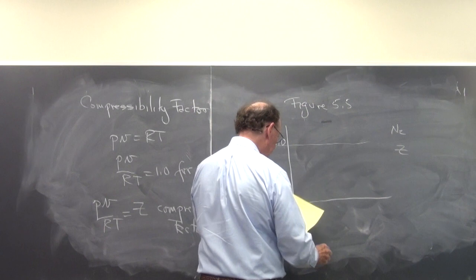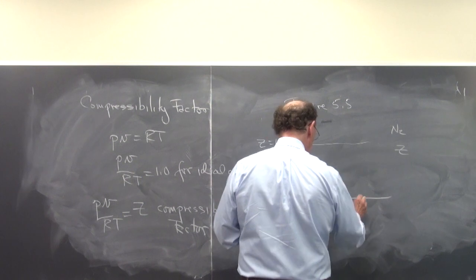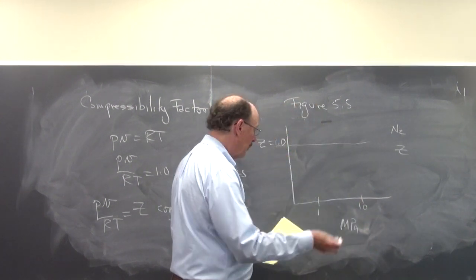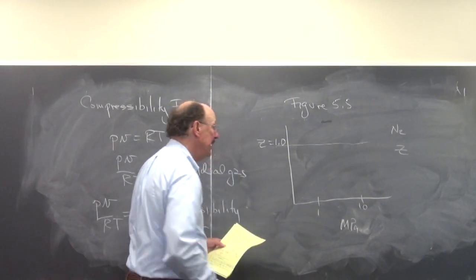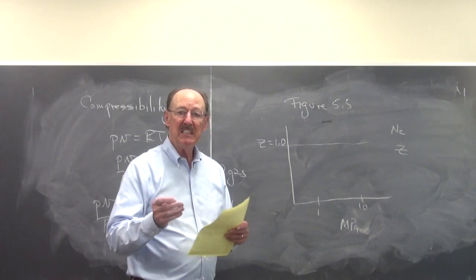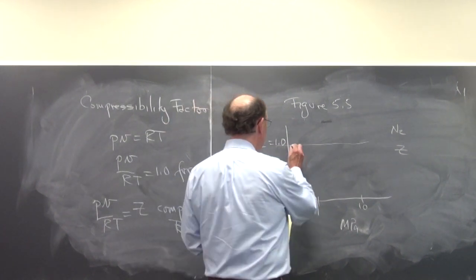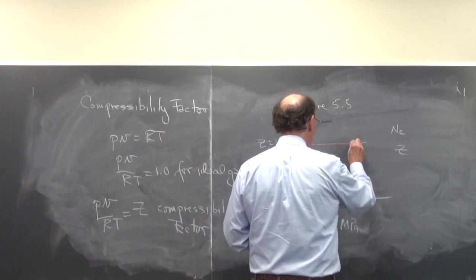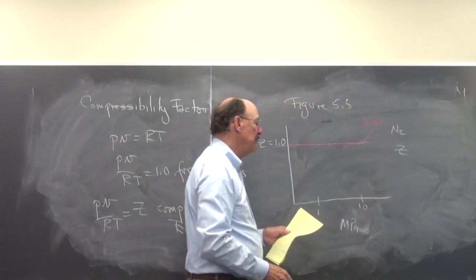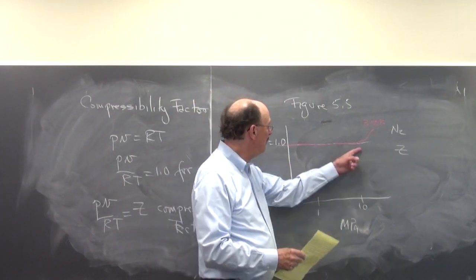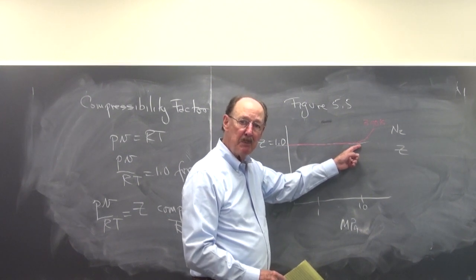And down on the bottom we have pressure in MPa: 1, 10, and upwards, 20, whatever. What we're interested in is what causes Z not to be 1. If I look at a temperature of 300 degrees K, I have to get out to about 10 MPa before I get any deviation from the ideal gas law. So it takes a high pressure.